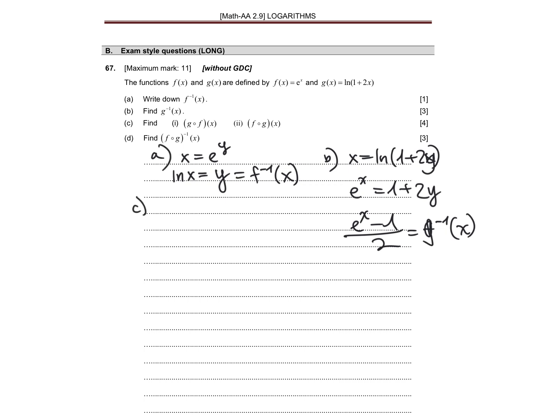All right, c, find g of f at x. So we've got that's natural log 1 plus 2e to the x. And part II is f of g, so we've got e to the natural log 1 plus 2x.